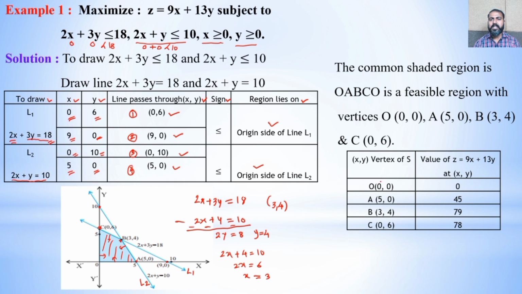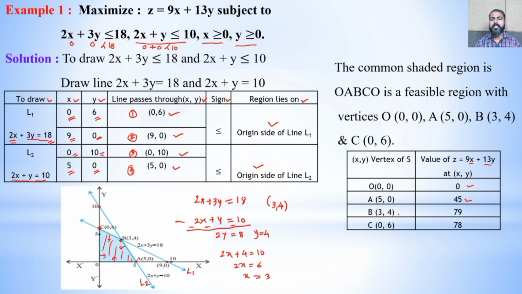First vertex is (0, 0). Put x is equal to 0 and y is equal to 0. We get z is equal to 0. Now, for second vertex (5, 0), put x is equal to 5 and y is equal to 0, we get z is equal to 45.